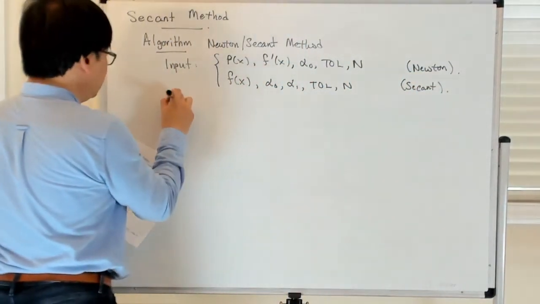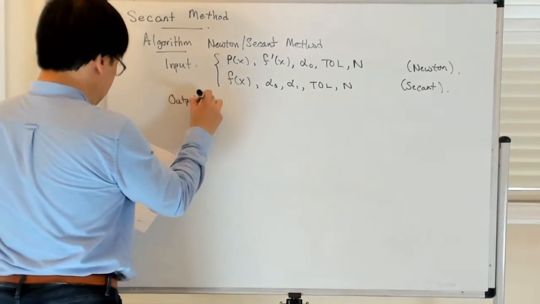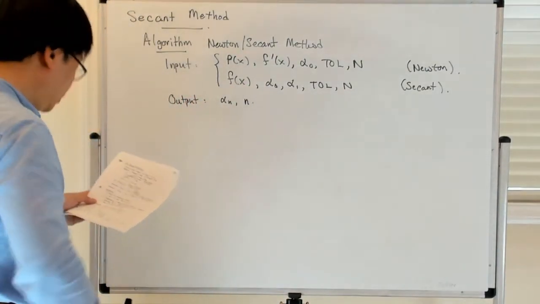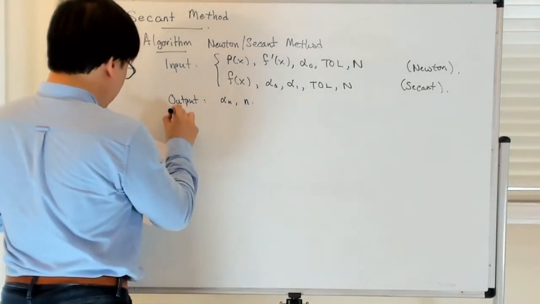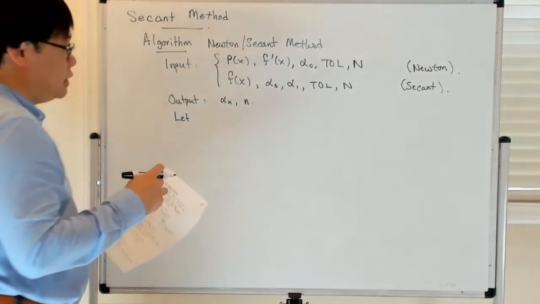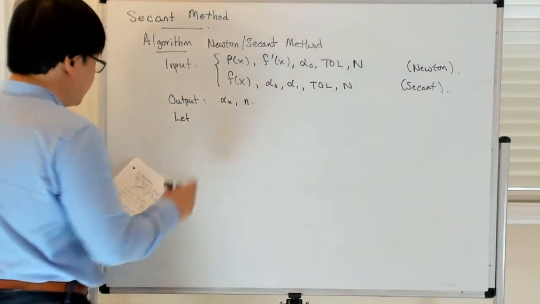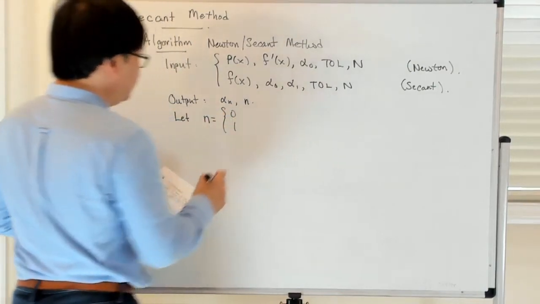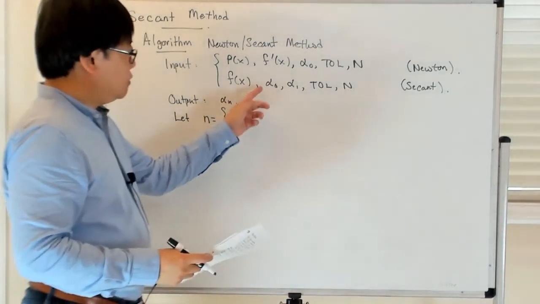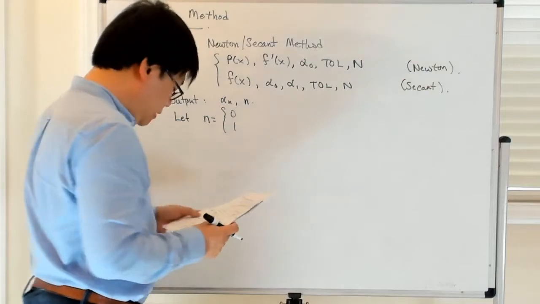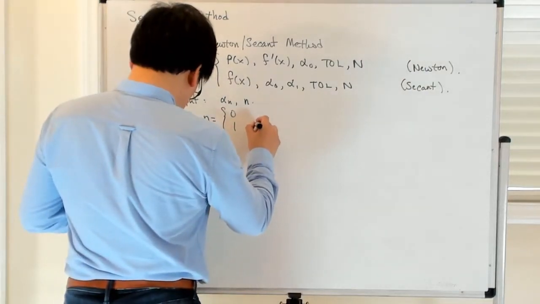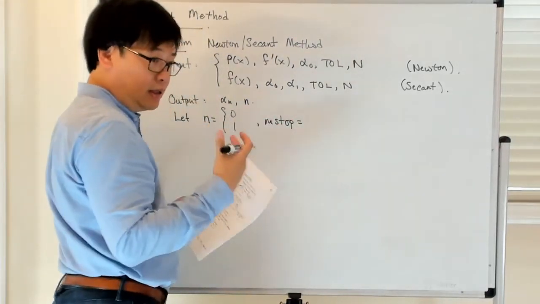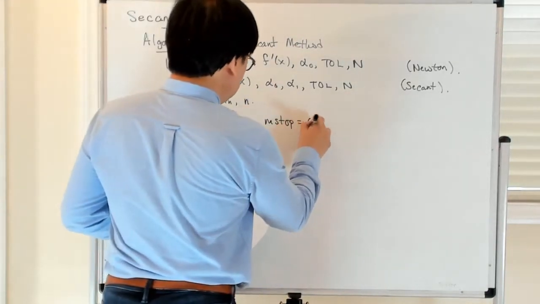Right, and the output in both cases is alpha n, and the number of iterations you take, which is n. So, all right, you're going to first initialize the iteration number. So n is going to be 0 for the Newton method, and it's going to be 1 for the secant method, because for the secant method, you're already given alpha 0 and alpha 1. Okay? And then m stop, which is this flag which indicates whether or not the termination criterion has been satisfied, is set to 0.